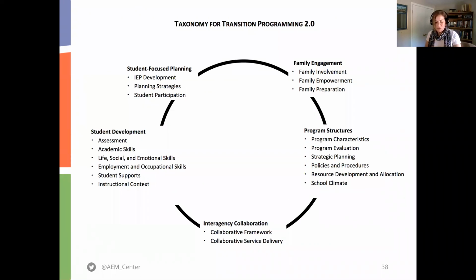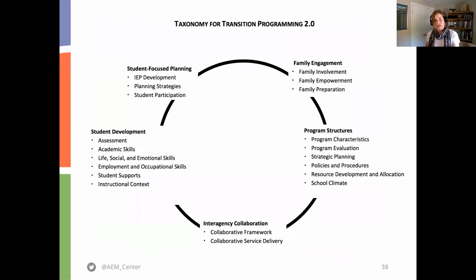So these include student-focused planning is one of the components, student development, so that would include things like student supports, interagency collaboration, which we know very commonly lacks in transition planning, family engagement, so things like the cultural relevance for families is really important.